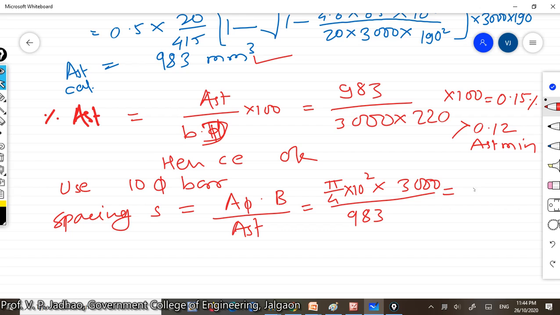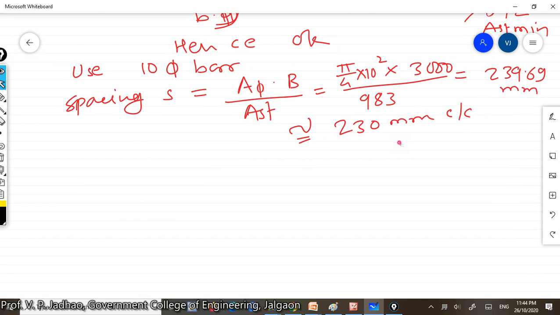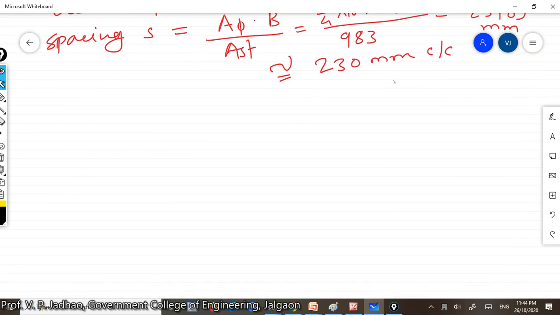So spacing comes out to be 239.69 mm. So let us consider this approximately equal to 230 mm center to center. At the supports, or at the joint between column strip and middle strip, we will be providing 10 mm phi bars at a spacing of 230 mm center to center.